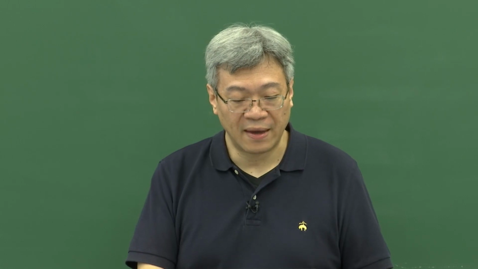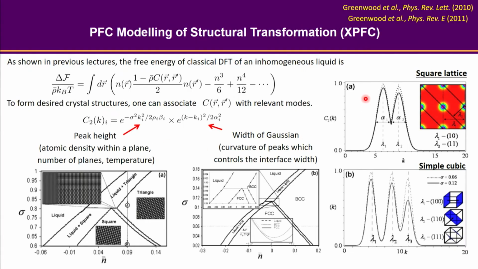So you can make the height of the peak a function of temperature. You have several parameters here. I'm not going to go through the detail, but some parameters are associated with temperature, so that describes when the temperature changes, the height of the peak will also drop or increase.